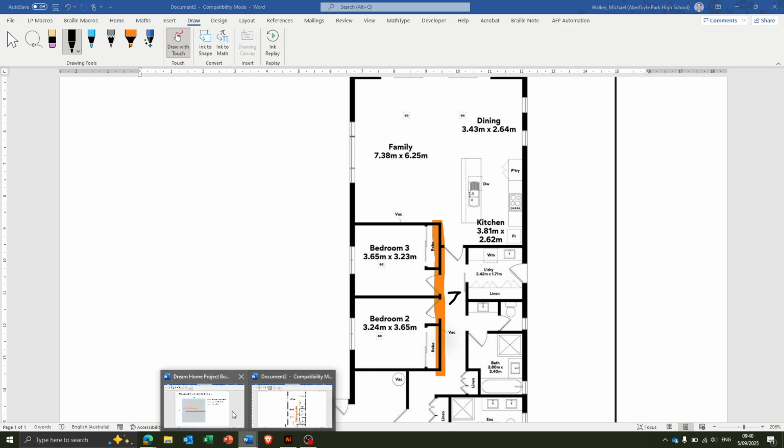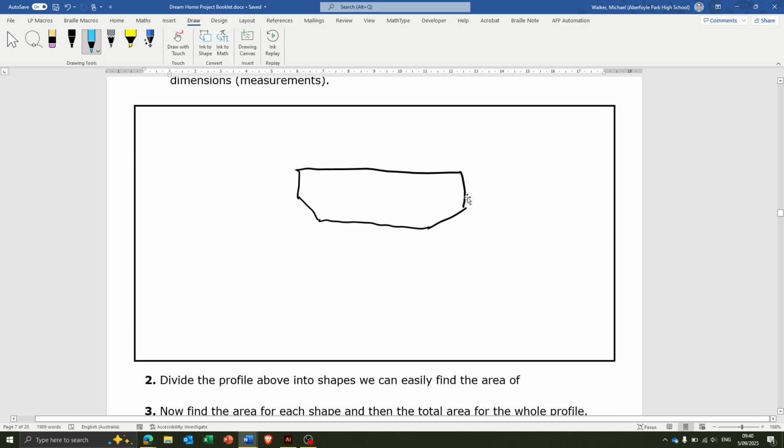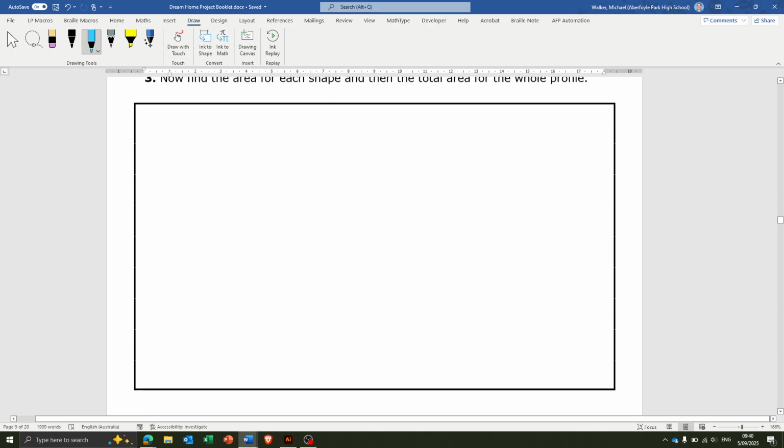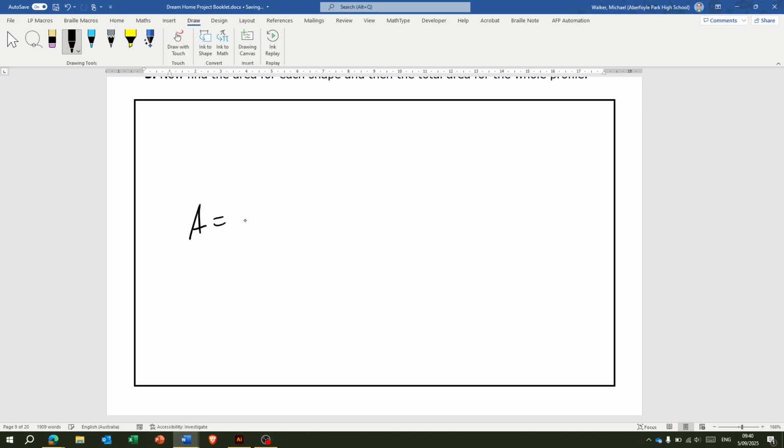So if I have a profile like this, and I figured out, for example, this is not the actual numbers, but let's say I found that the area for that is 45,000 millimeters squared.